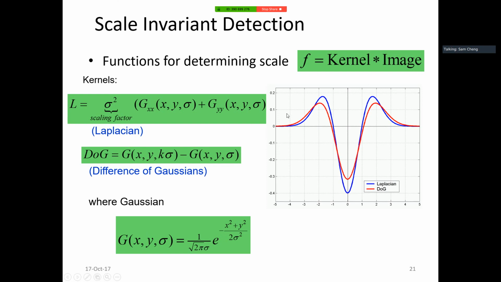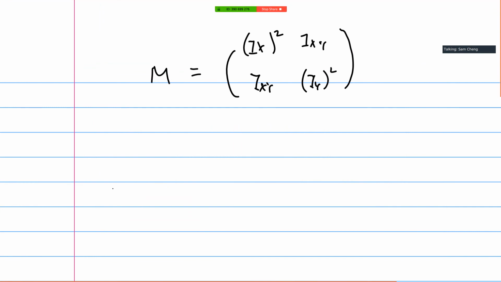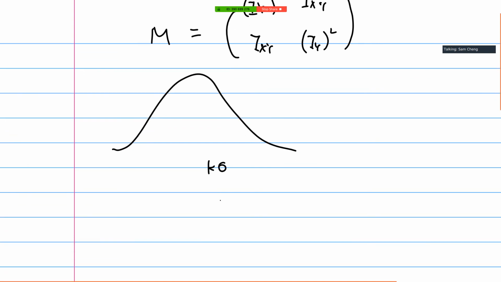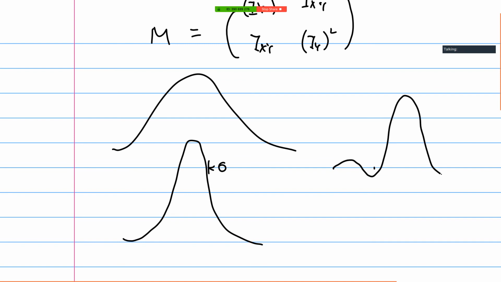What I want to say is that one has a standard deviation of k sigma, and the other Gaussian has a smaller variance like this, and when you subtract these two, you form something similar to a Laplacian.